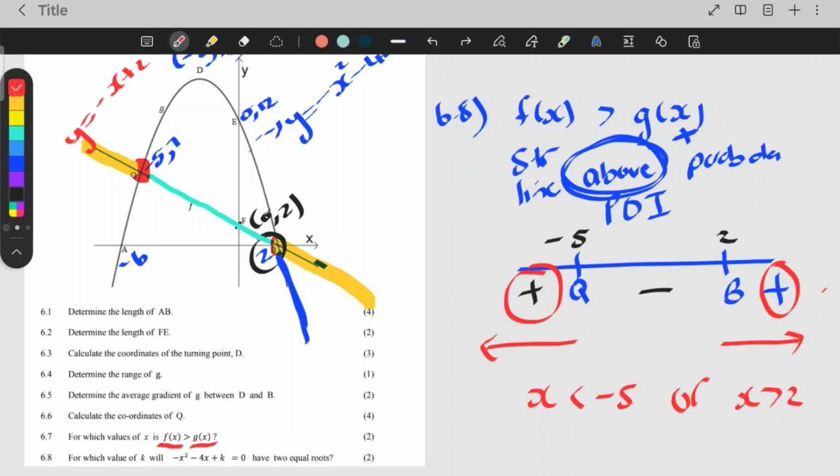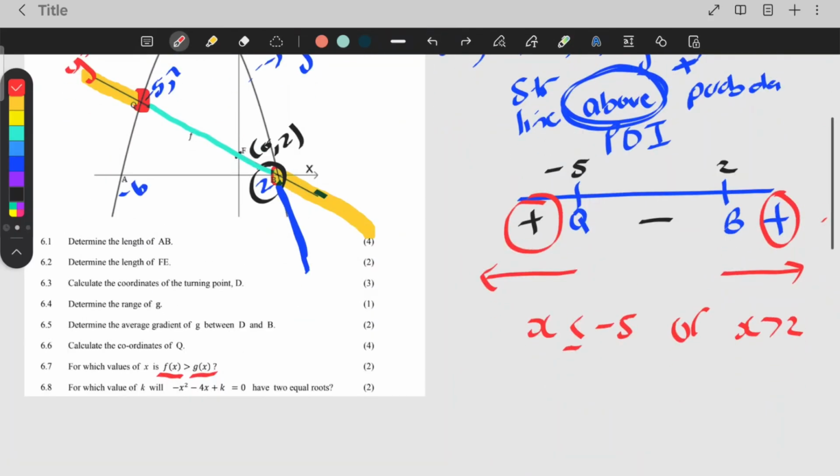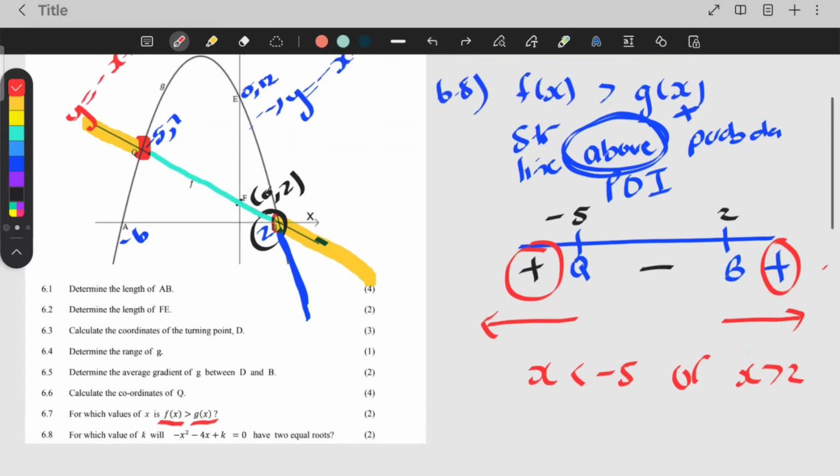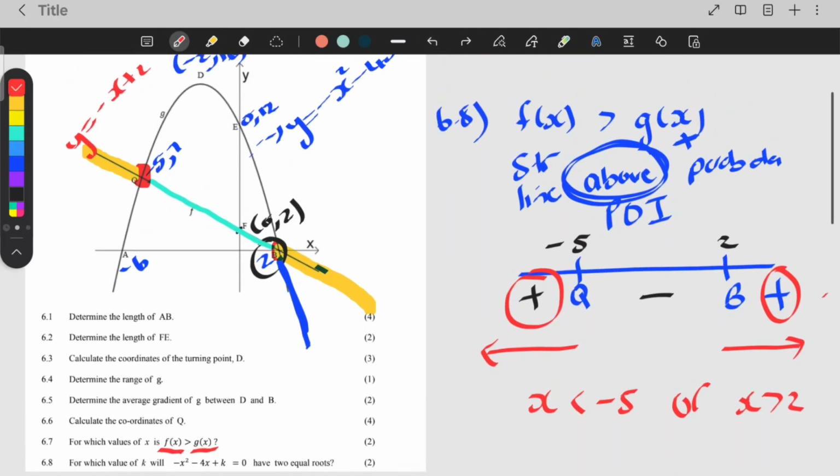In this case, it was just greater than. So that means here in our answer, we don't have these equal signs because the question didn't have equal signs. And that's the answer. And for this question, you get 2 marks. It's for the interval, so the right numbers, and the correct way of writing it. That's how you would get your 2 marks.